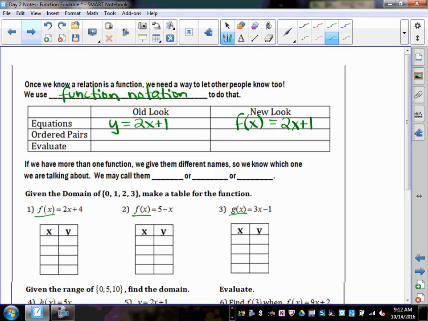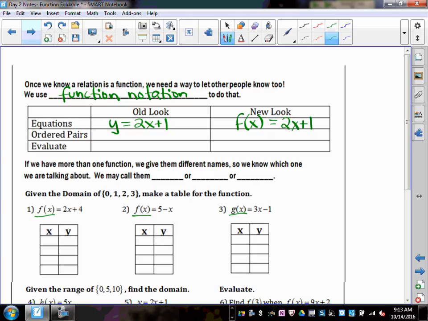This does not mean f times x. What this is called is f of x. So the function of x. X is my variable, my input, and this is a function of my input x. So it really just means y, your output values.